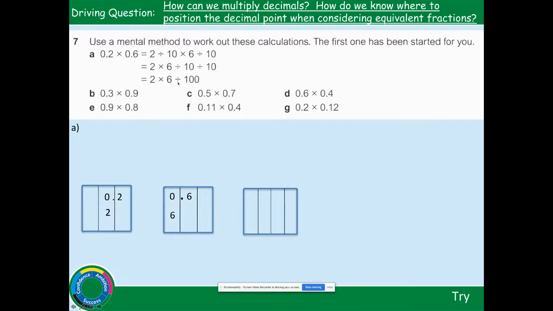And because you've had to multiply by 10 and by 10, 10 times 10 is 100, so you need to divide by 100 to get back to your proper answer. Okay, I hope that wasn't too confusing. So press pause and have a go, copy A down and have a go at B to G.